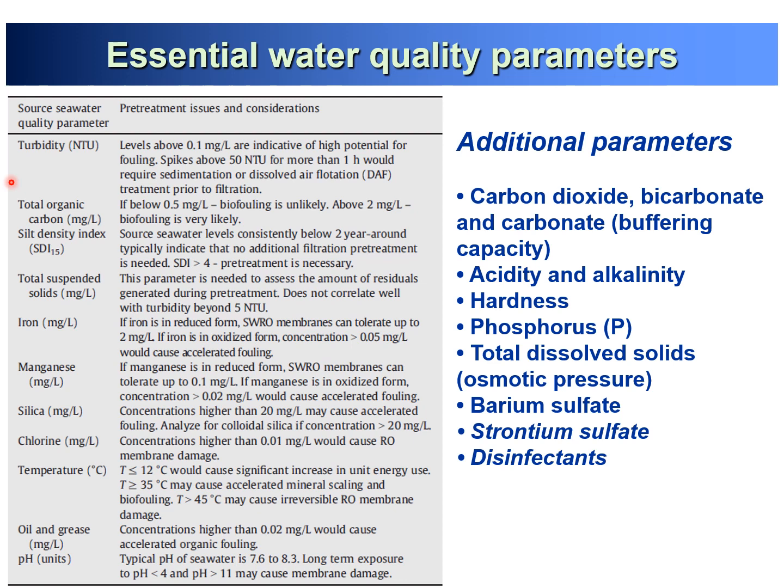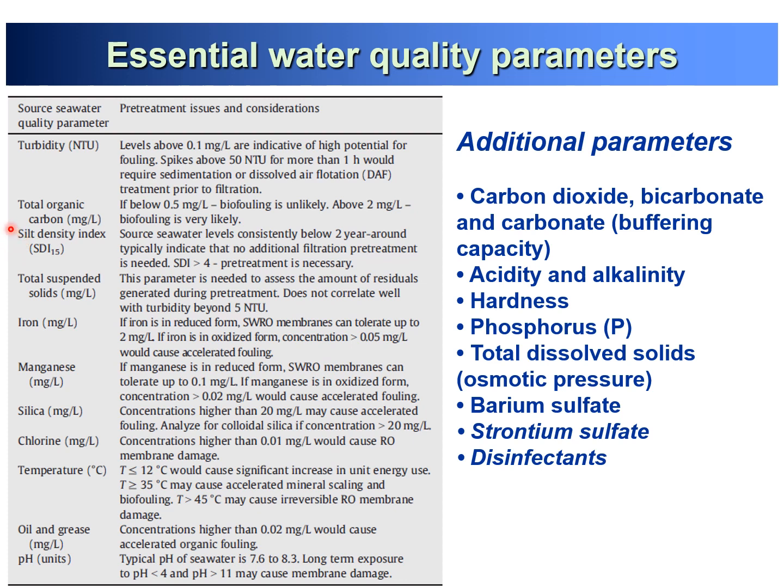So depending on the area, we have to consider this total organic carbon concentration. In general, in Sydney, we have almost less than 1 mg per liter of total organic carbon concentration, which is relatively safe for biofouling impact.